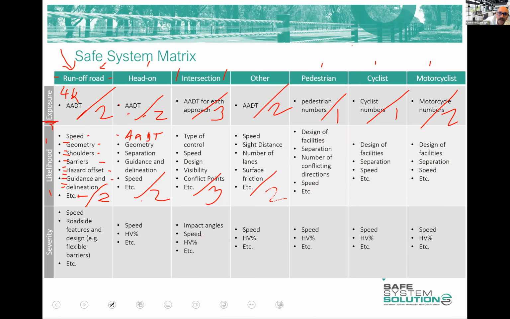I've got 2 on that. Pedestrians. Okay, well, there are hardly any pedestrians there. However, we've already accounted for that in exposure. So we're saying, okay, there are no pedestrian crossing facilities, the lighting's poor, they've got big, wide areas to cover.